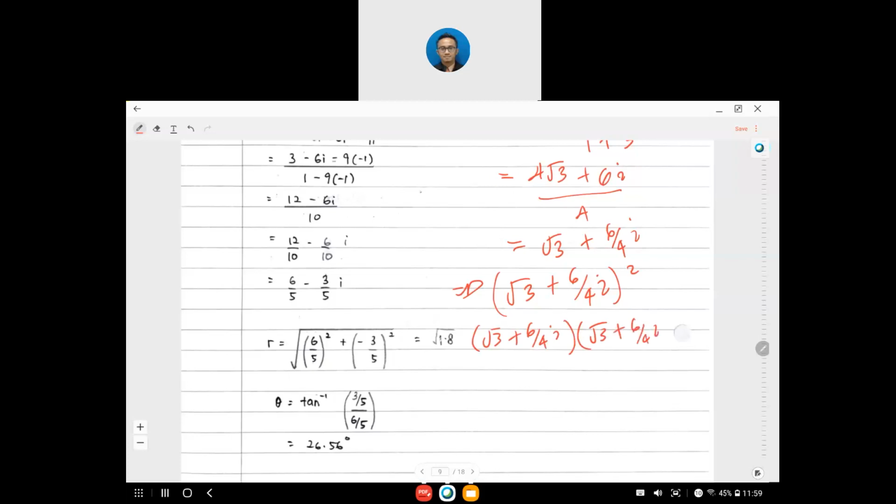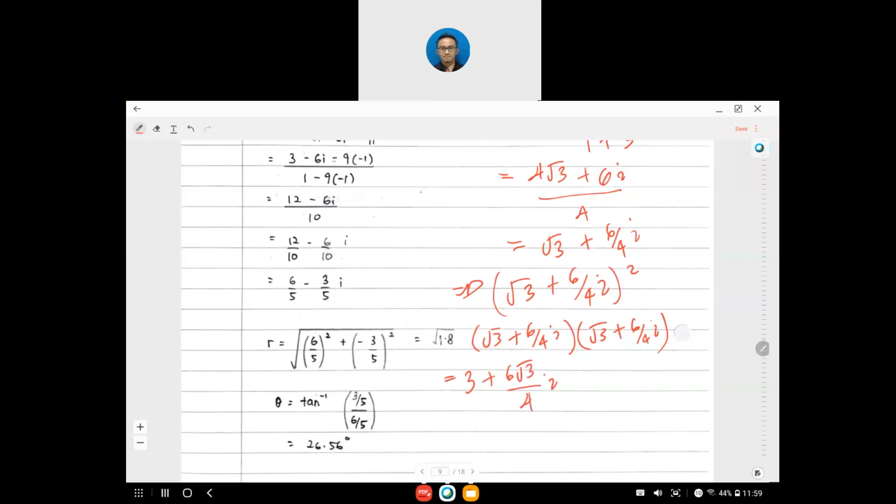Okay. So expand that one, what answer do you get? 3 times by 3 is 9, plus this one becomes 6 times 3 over 4i.